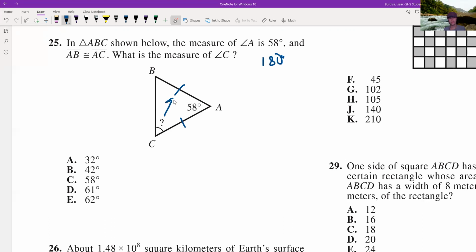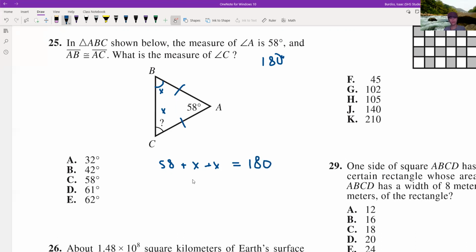So this is across from this, and this is across from this. So that means angles C and B have to be equal. So both of these are x, and they have to add up to equal 180. So 58 plus x has to equal 180.